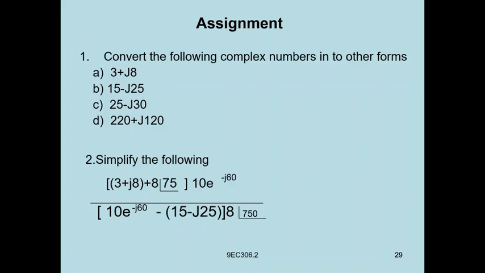Convert the following complex numbers into other forms. Here all phasors are given in rectangular form. First one is 3 plus j8. Other forms means it can be trigonometrical, polar, or exponential. Then 15 minus j25, 25 minus j30, 220 plus j120. This has to be converted into the polar form.